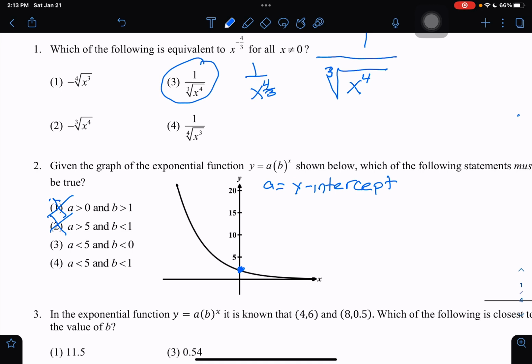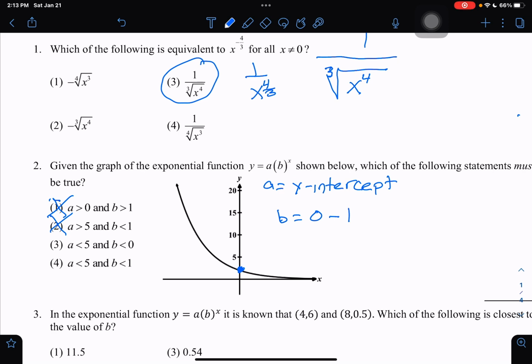And then we're going to take, I guess we could leave the a greater than 0 too, but then we're looking at it, it's descending, right? So descending means that the b has to be between 0 and 1. So it has to be some kind of decimal.